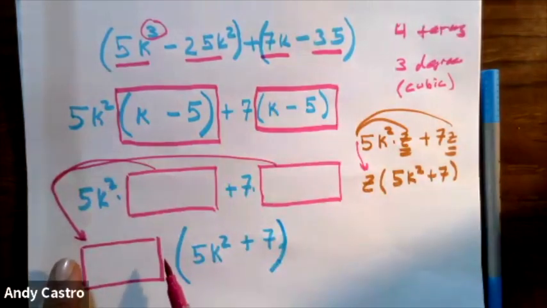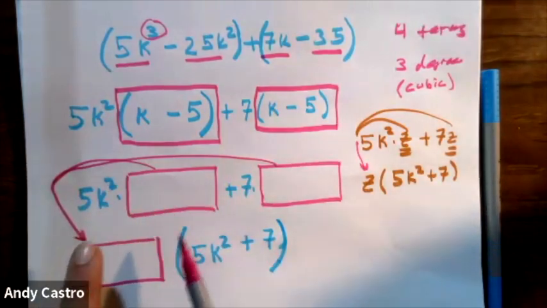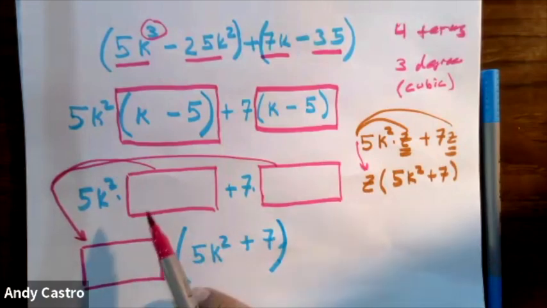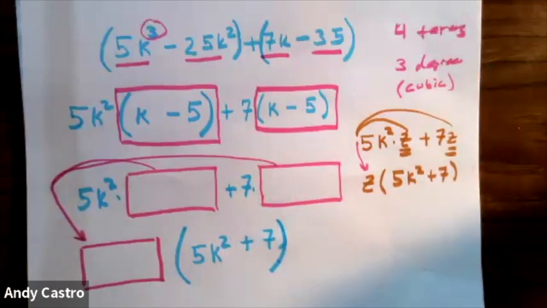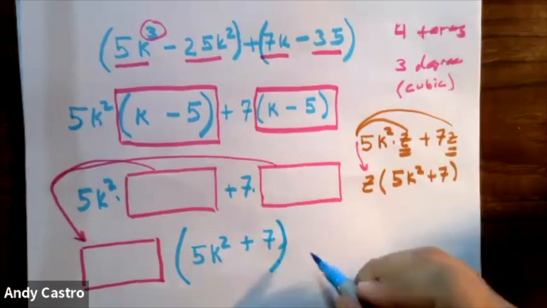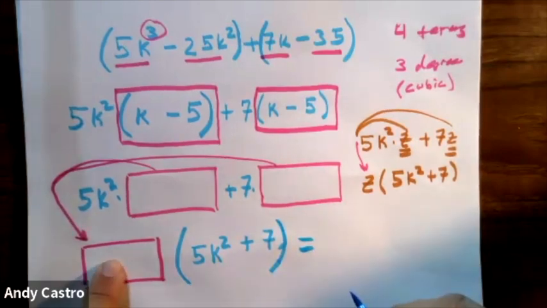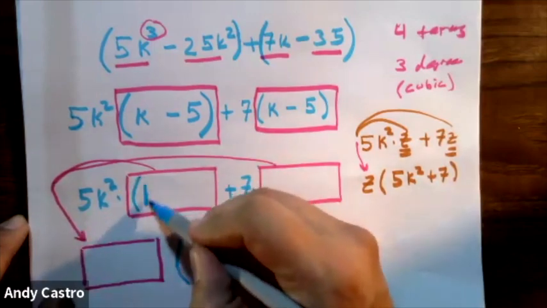Now if I take the box and multiply it in, box times 5k squared, there's what that is. And then box times the 7, that's what that is. All right, so instead of a box, I'm going to write what's actually inside, the k minus 5.